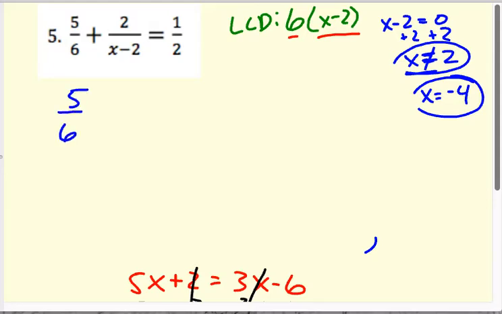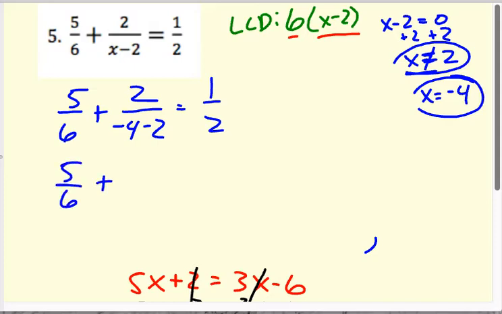5 over 6 plus 2 all over -4 minus 2 equals 1/2. And we get 5 over 6 plus 2 all over -6 equals 1/2.